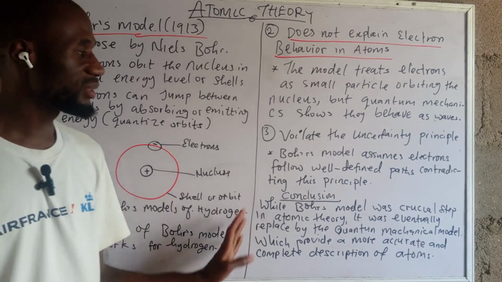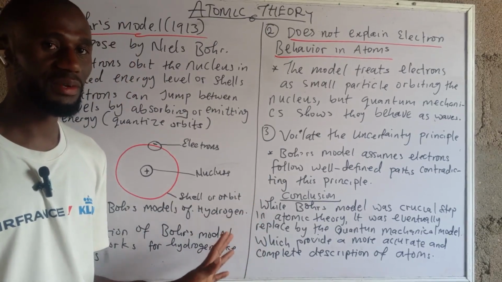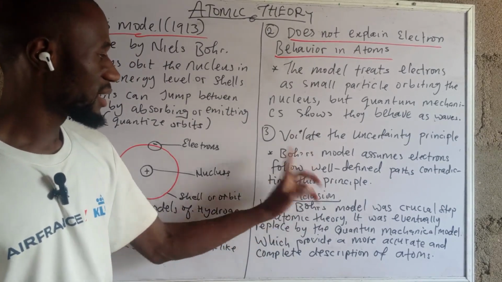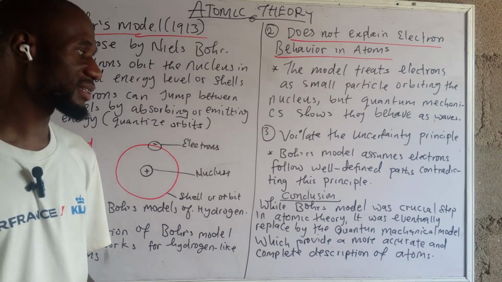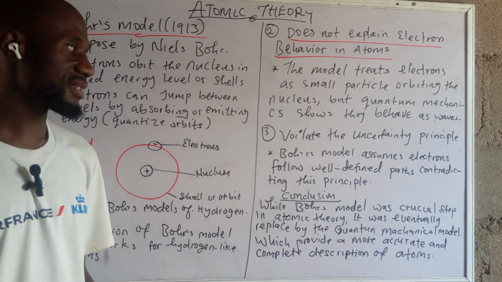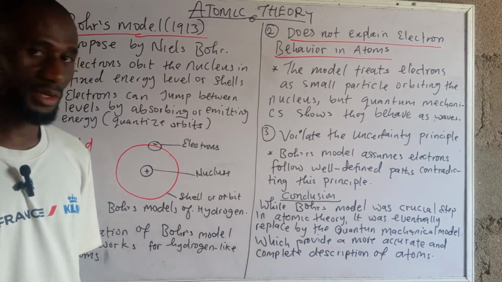That's why he carried out the research in the laboratory of Rutherford, and why he only assumed the electron follows a well-defined path, contradicting the uncertainty principle. He violated the uncertainty principle.